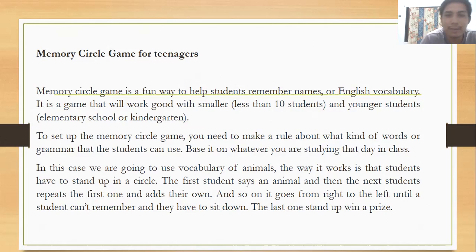And the third student is going to say lion, crocodile, and zebra, and so on. And it goes from right to left until a student can't remember, and they have to sit down. The last one standing wins a prize, and this is what the game is about. And I hope that all works well.